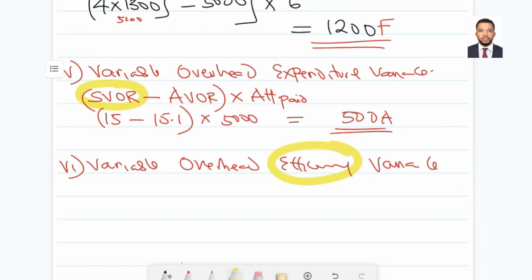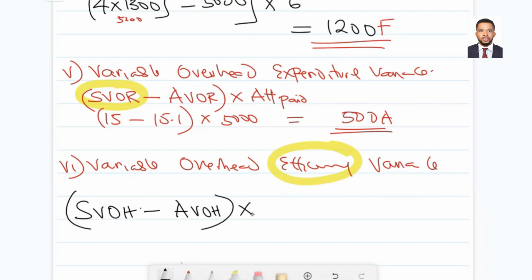So what would that be? Standard variable overhead hour minus actual variable overhead hour, multiplied by the standard variable overhead rate.